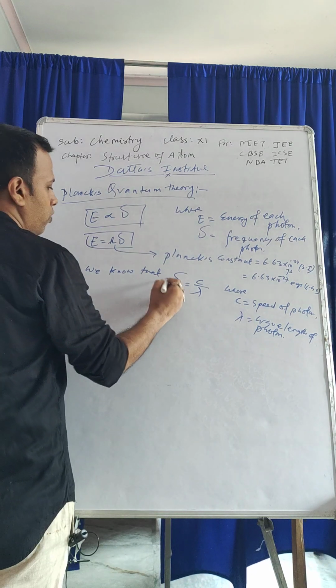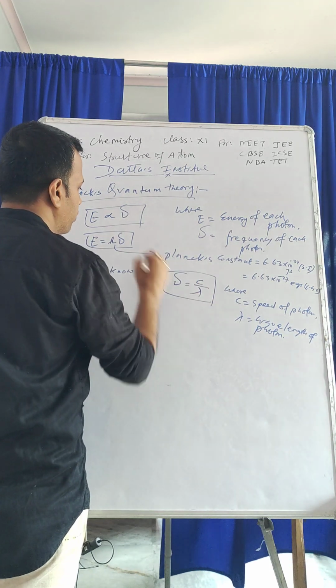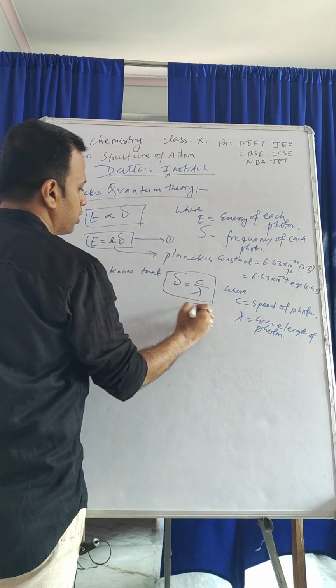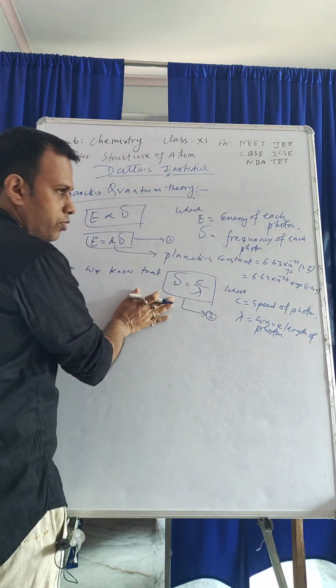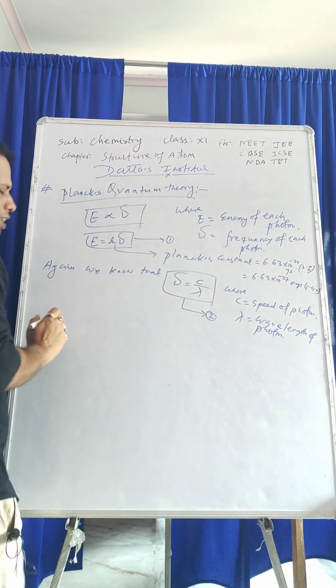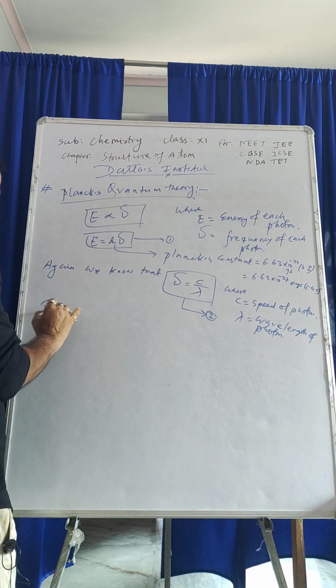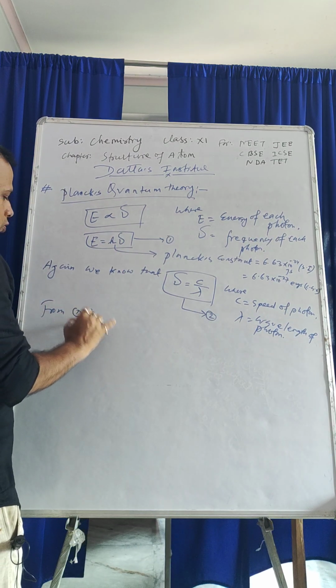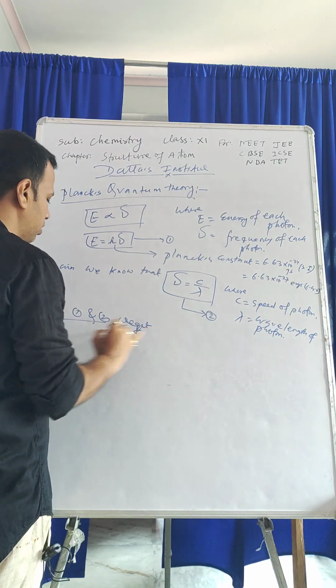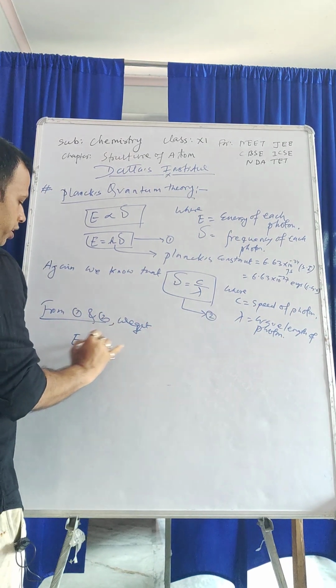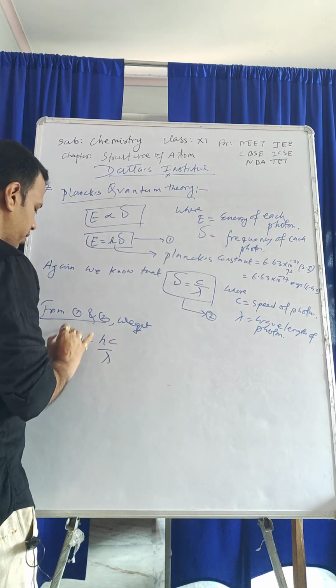Now suppose this one is equation 1 and this one is equation 2. If I put the value of nu in equation 1, what will we get? From 1 and 2 we get E equal to hc by lambda, is it not?